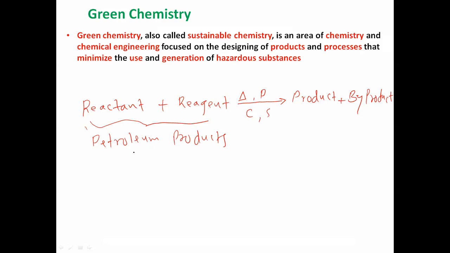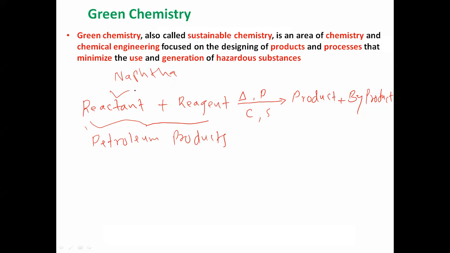Those we use directly. Okay, but the naphtha part of this petroleum oil is actually a source of various hydrocarbons, and that is used as a reactant. Okay, naphtha. You might have heard about this. Okay, it consists of several hydrocarbons.